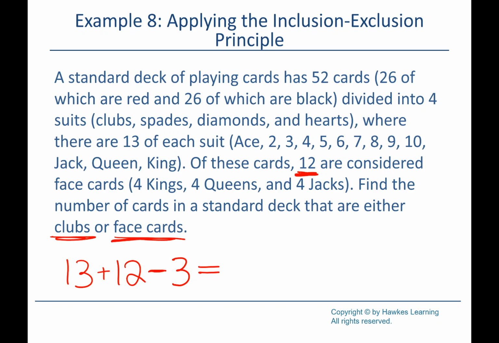There we get 25 minus 3, so we'd have 22 cards. If you try to just brute force it and list it out, there's a good possibility you're going to miss one or count one too many times and make a mistake. So it's a really helpful way of coming up with those numbers.